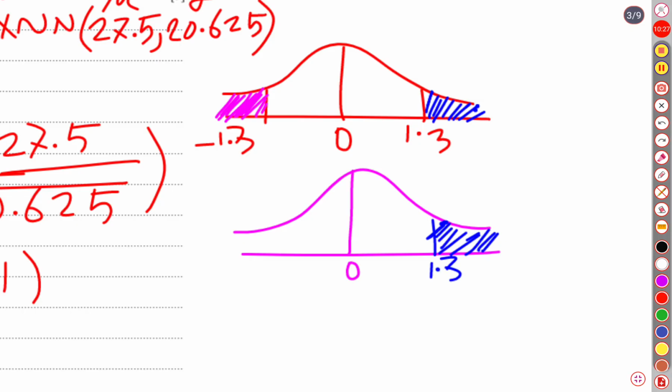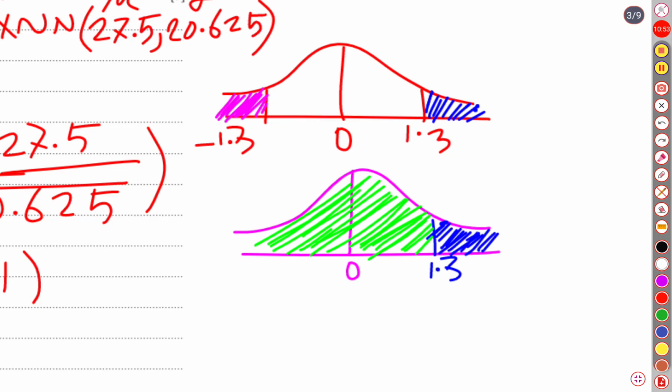Now how to find the probability of this portion, because this is very tiny. The easy way is, we will subtract. Always the probability lies on the left side of the z-score, according to the normal distribution table we have. We are going to use the hard copy of that. So we require this portion.